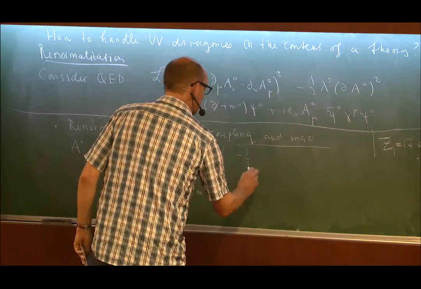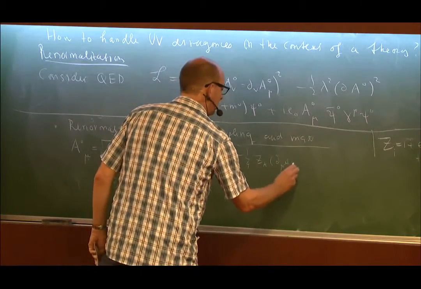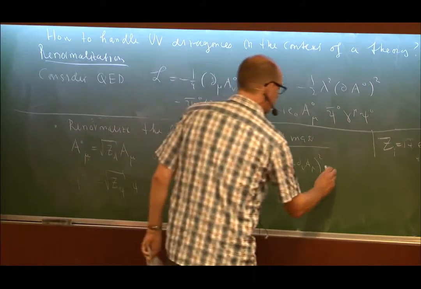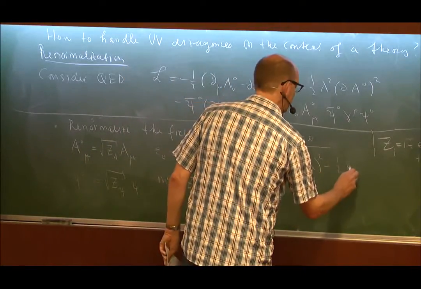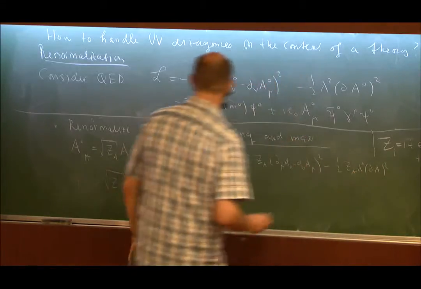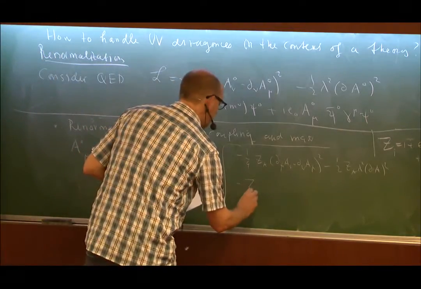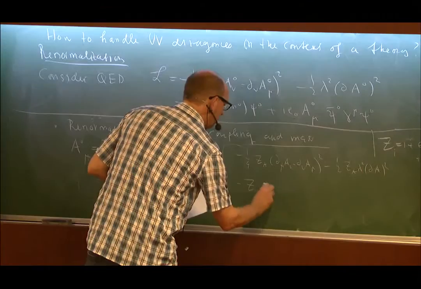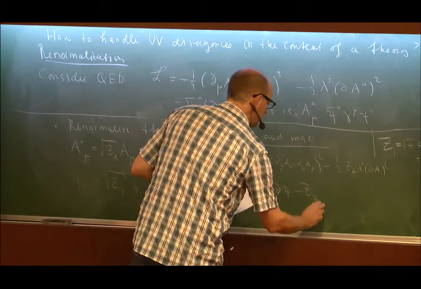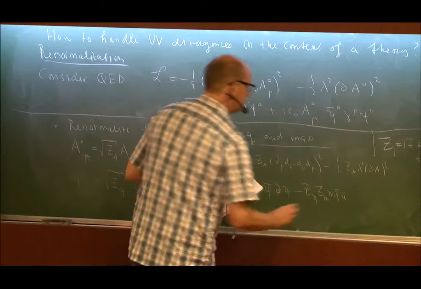Minus a quarter ZA (d mu A nu minus d nu A mu) squared. We also get minus a half ZA lambda squared (d dot A) squared. And then here, I get minus Z psi psi bar d slash psi, minus Z psi ZM M psi bar psi.